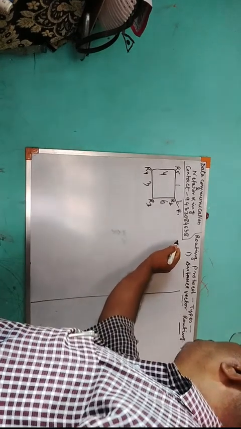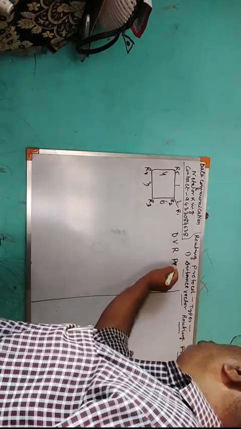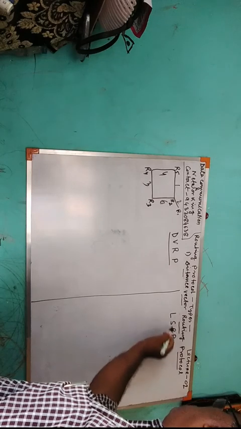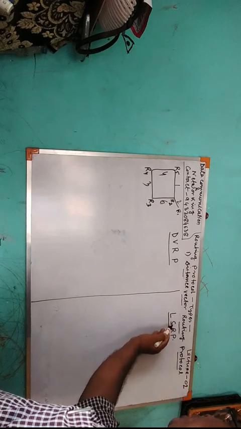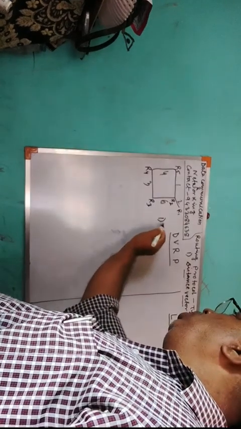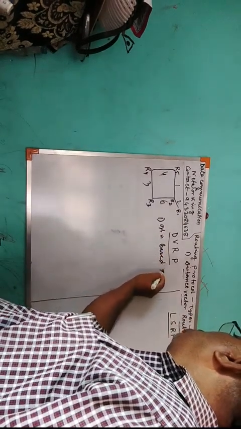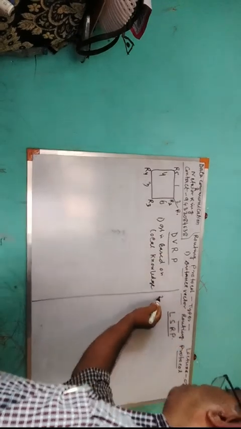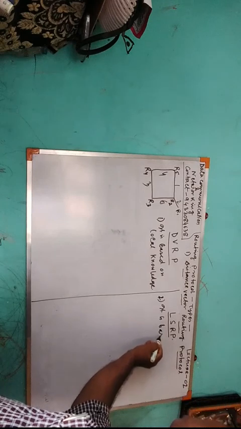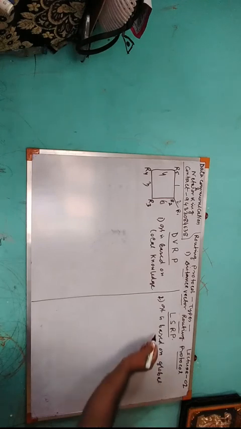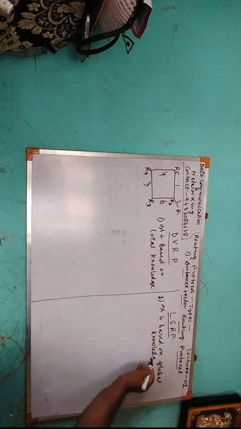First point: distance vector routing protocol is based on local knowledge, and link state routing protocol is based on global knowledge. Local knowledge and global knowledge.